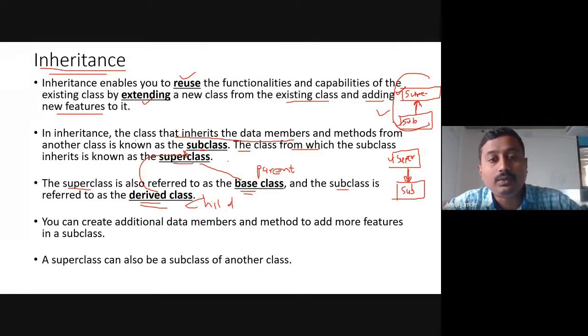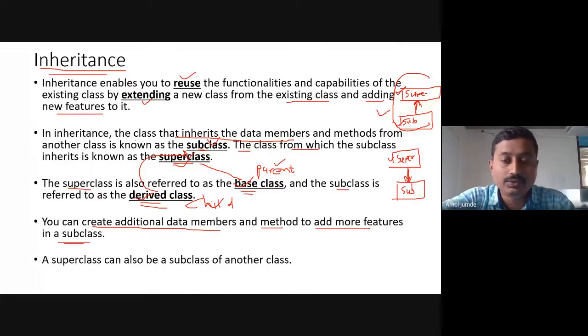If you are using subclass, then you should use superclass. That is a pair. If you are using base class, then use derived class. If you are using parent terminology, use child terminology. So use the proper pairs. Then you can create additional data members and methods to add more features in the subclass.